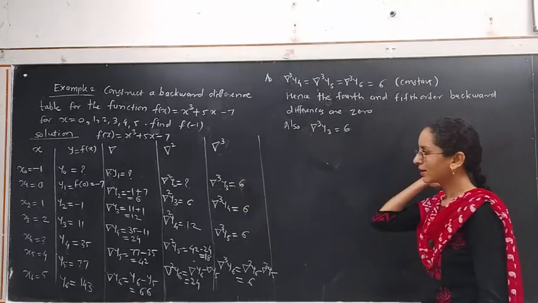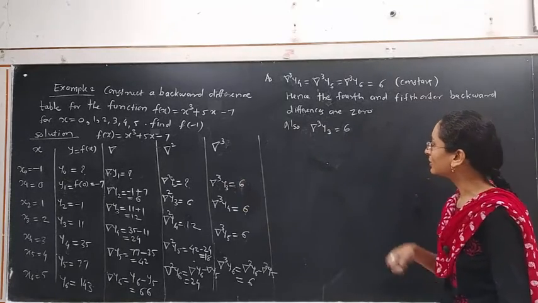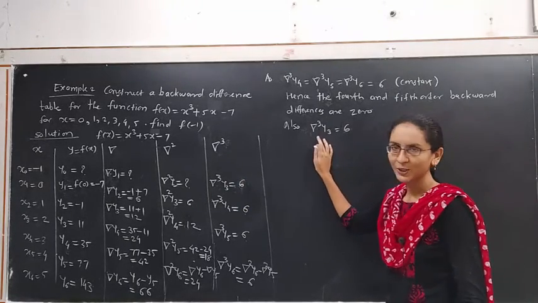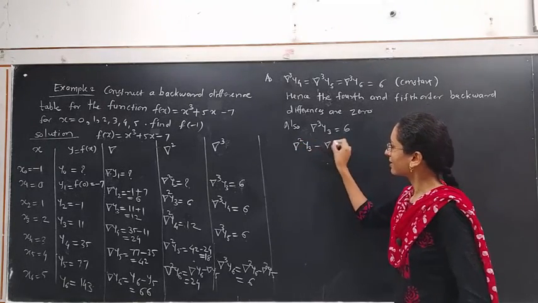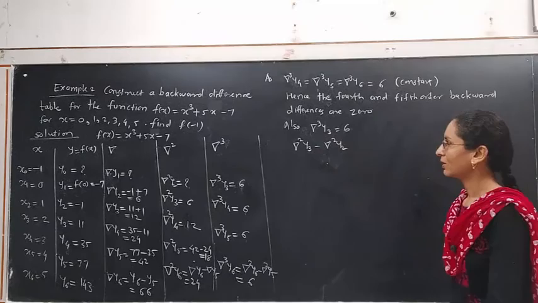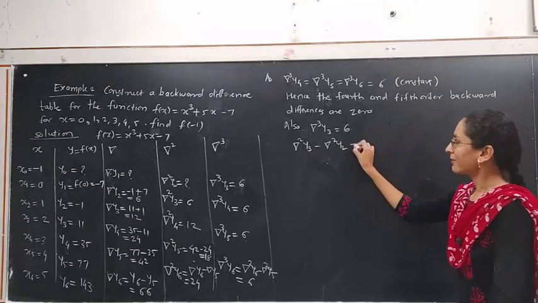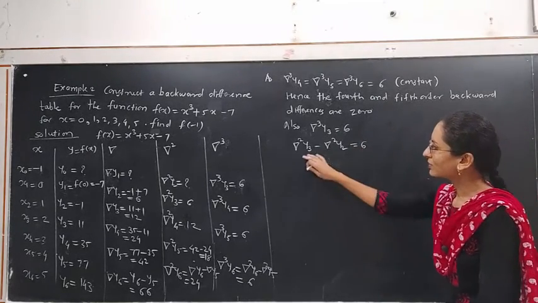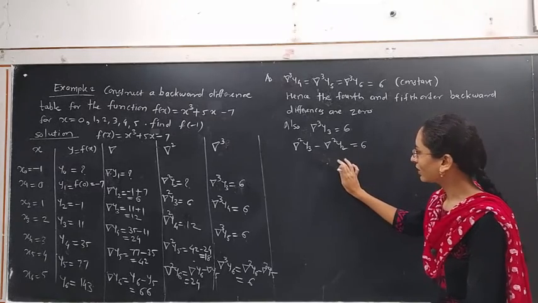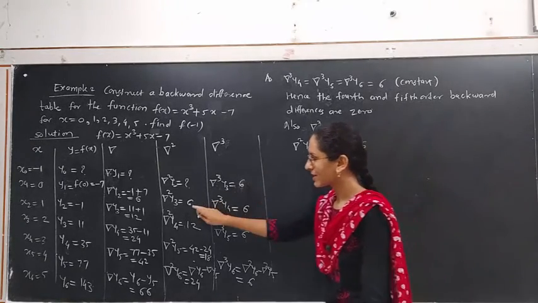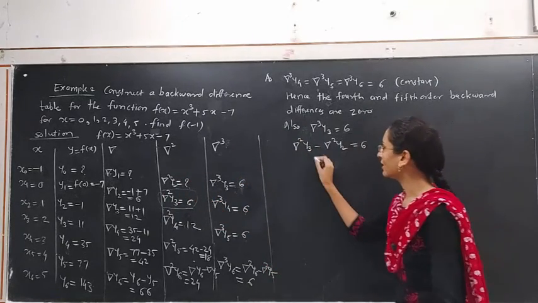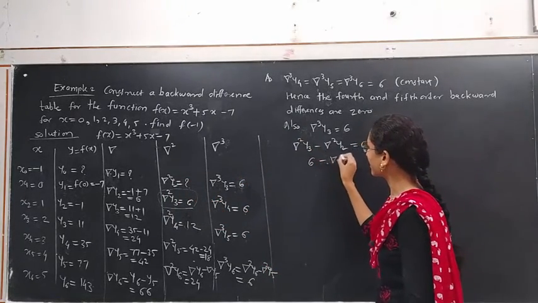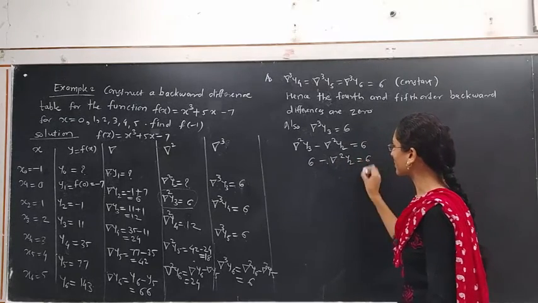We have this value, del cube y3 is equal to 6. But what is the formula for del cube y3? This is del square y3 minus del square y2 is equal to 6. Out of these two values, we know one value, del square y3. Del square y3 is 6. Using this value in this equation, 6 minus del square y2 is equal to 6.